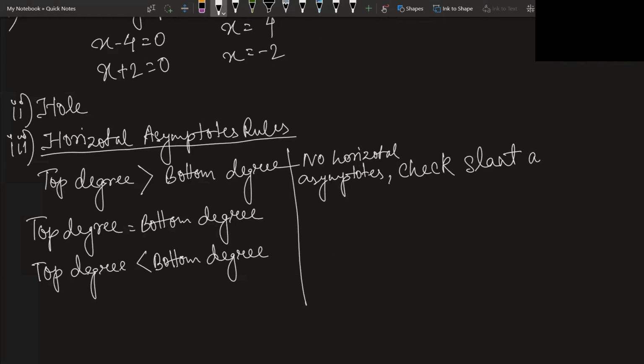Check slant asymptotes. And what if our top degree equals the bottom degree? You get a ratio of the top and bottom leading coefficients.